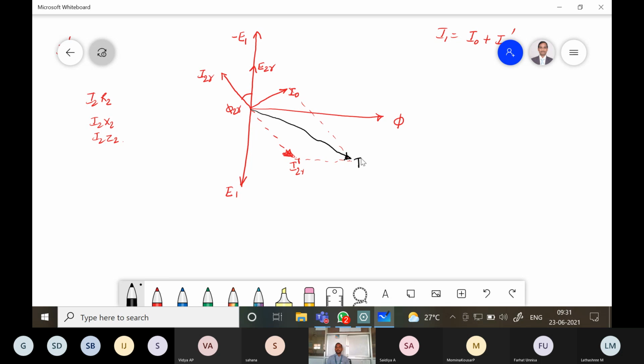So this is called I1. Okay, so I1 is equal to I naught plus I2R dash.